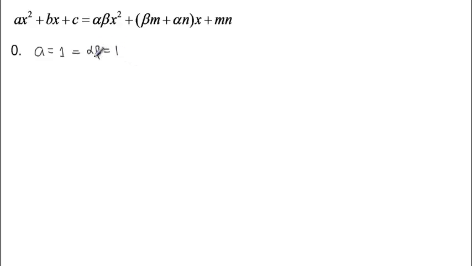Now taking our alpha and beta being whole numbers, alpha and beta have the options of being equal to 1 both, or both being negative 1.